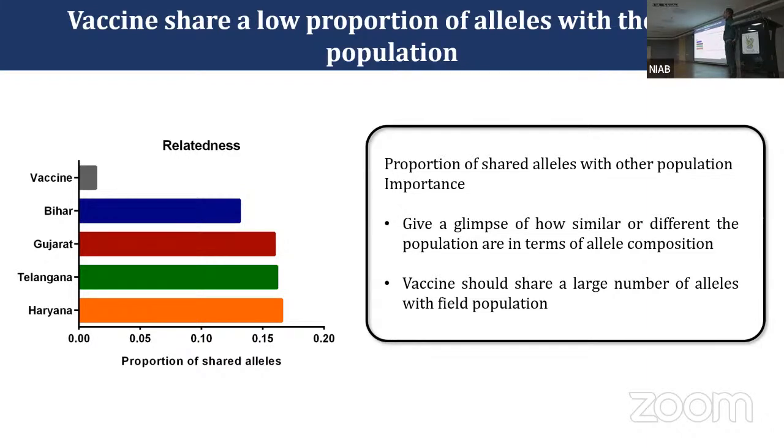Regarding animal population migration, or how this might be happening, looking at the Indian scenario of animal movement: what I understand is that these three regions might have more movement of infected cattle compared to Bihar.